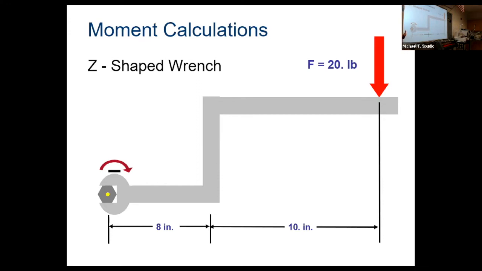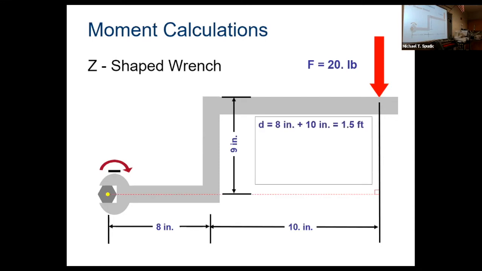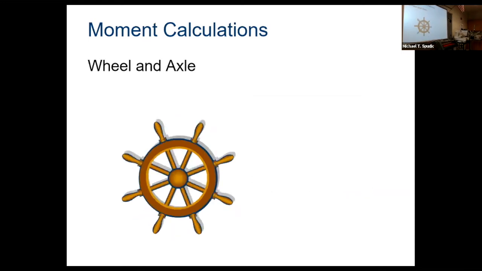The total distance is still perpendicular, 18 inches perpendicular times 20. So 18 divided by 12 is a foot and a half, and you get your moment. Okay, so the 9 inches means absolutely nothing here. All right.